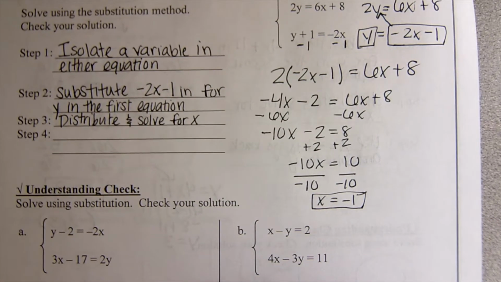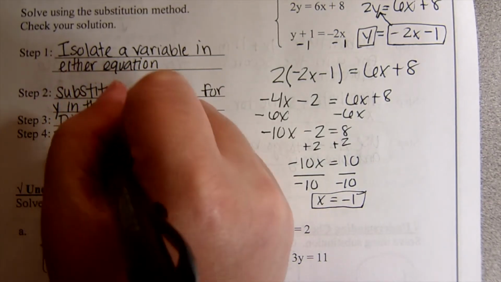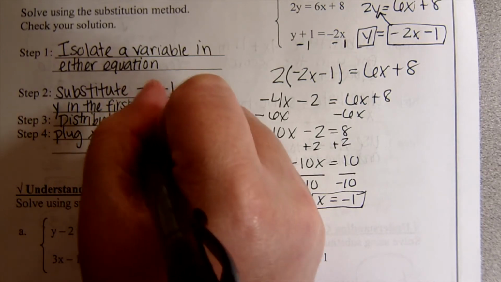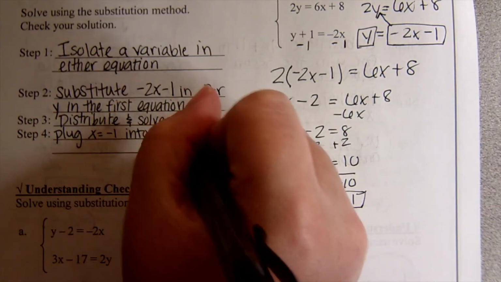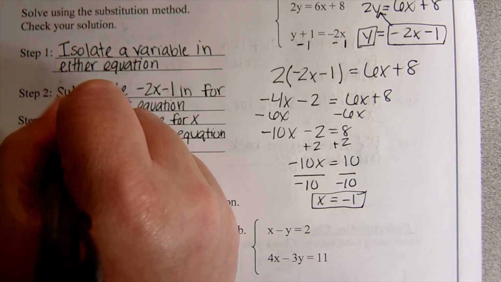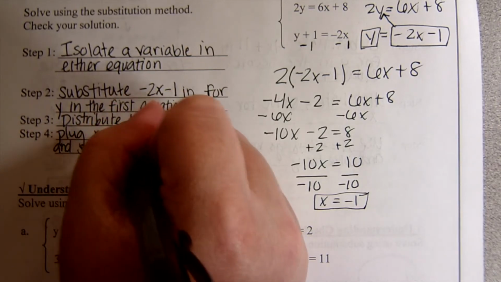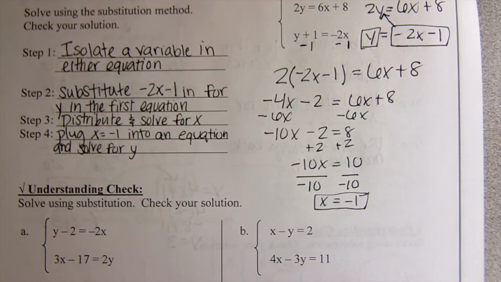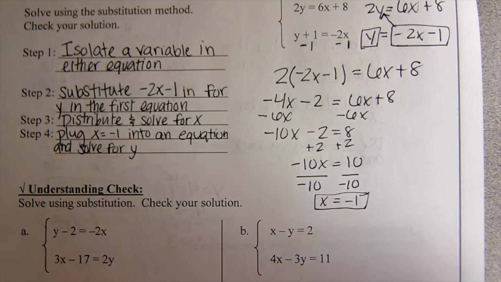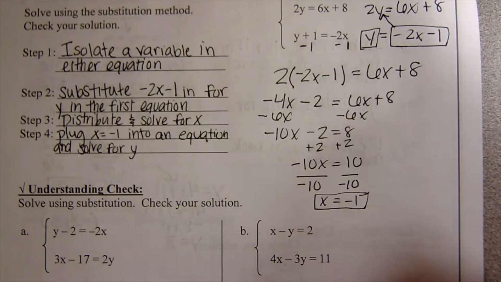Step 4 is still the same. We are going to plug x equals negative 1 into an equation and solve for y. So you can even plug it into the equation when you got y by itself, which is normally the easiest equation to plug it into.